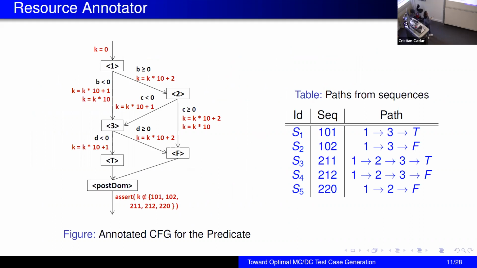For true, we multiply the kappa value by 10 and add 1, and for false, we multiply by 10 and add 2. Every time, we multiply kappa by 10 to maintain the encoding. So these are the 5 short-circuited sequences and their corresponding paths in the CFG.